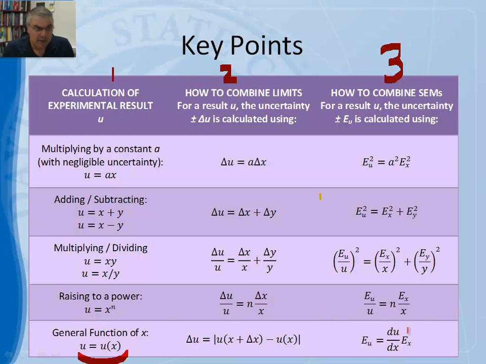Let me start with that. For the result u, there's an uncertainty plus or minus e sub u, calculated using the following. In this case, e sub u would be d sub u, the partial derivative of u with respect to x, times e sub x. Okay? And e sub x is the error that's associated with that particular variable.